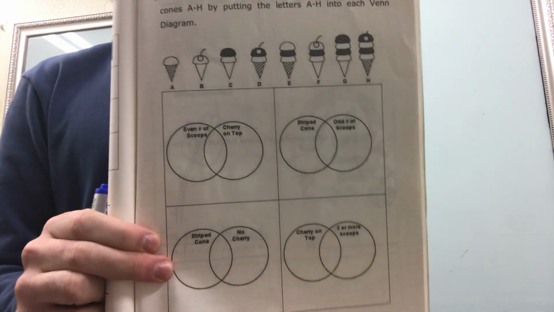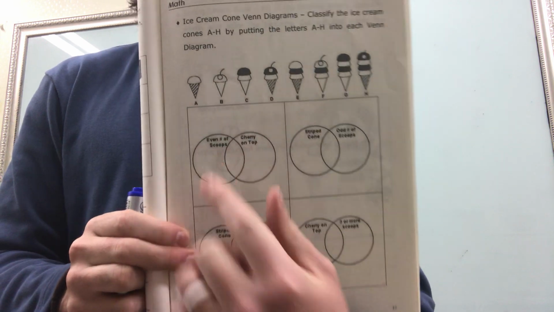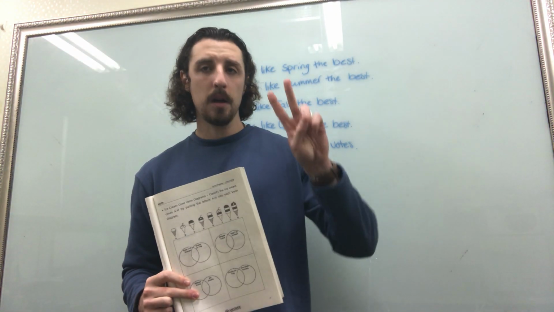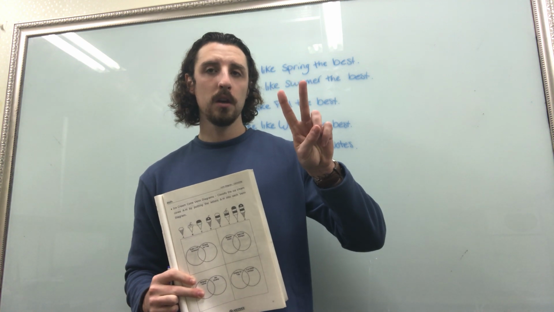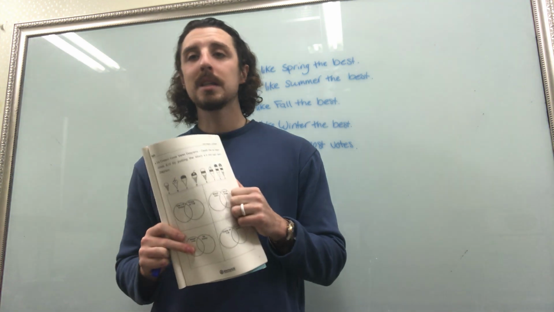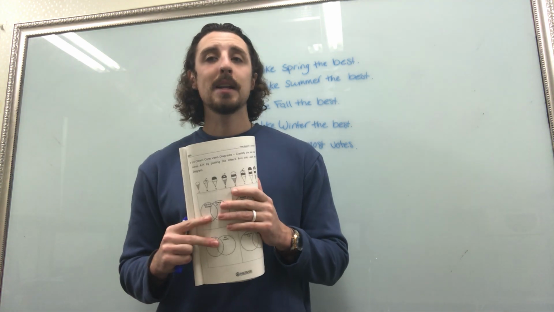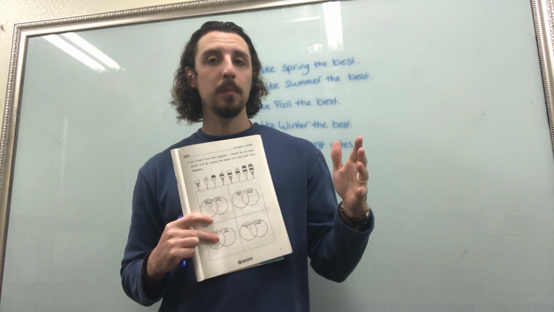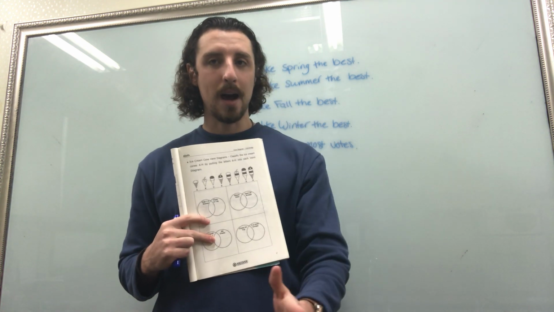Okay, so let's look at the ice cream cones. So an even number. Even numbers are numbers that can be divided by 2, okay? So you have 2, 4, 6, 8, 10, 12. Those are all even numbers because you can cut them in half, right?